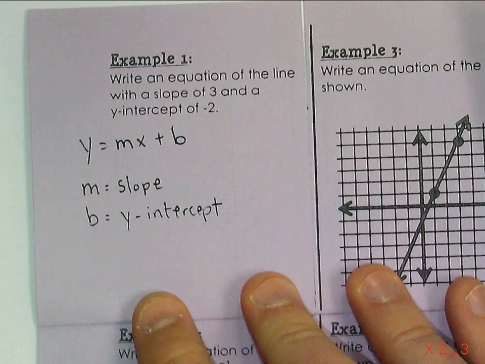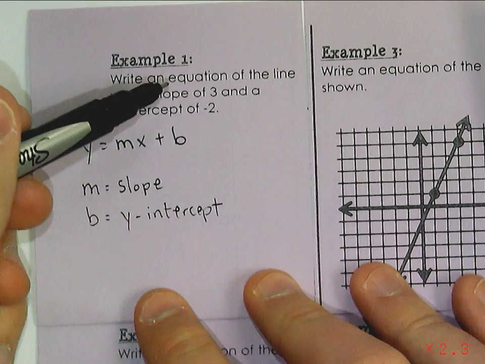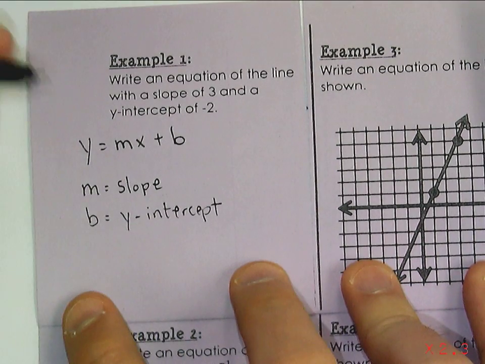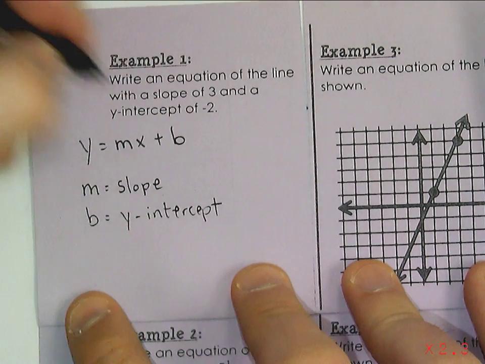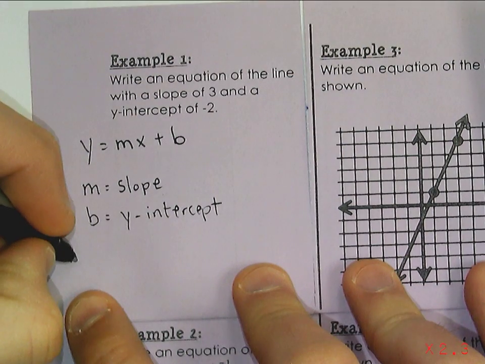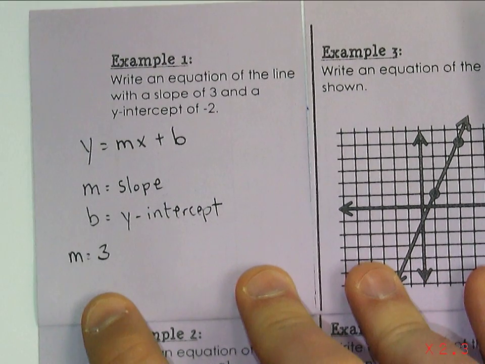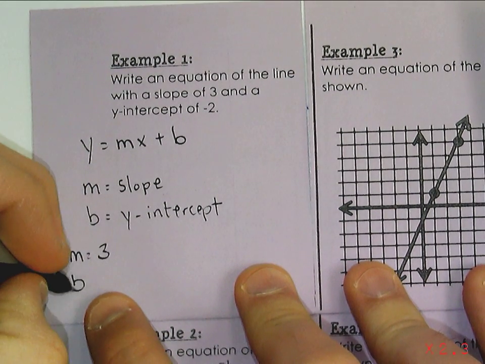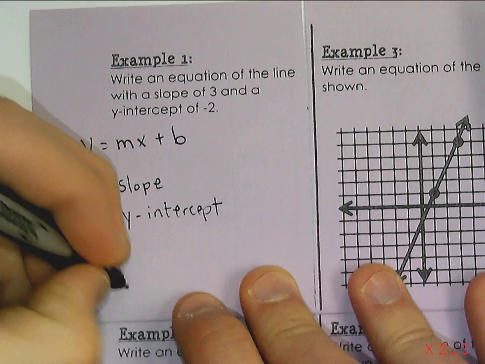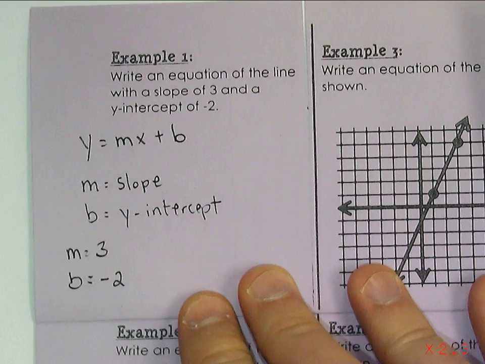So basically all we need to do here is whichever numbers we're given, we need to plug them into their correct spaces. So I know that my slope in this case is 3, so we'll say m equals 3. And we know the y-intercept, and we represent that with b, and we know that is -2 here. So I'm going to fill those in within my equation.